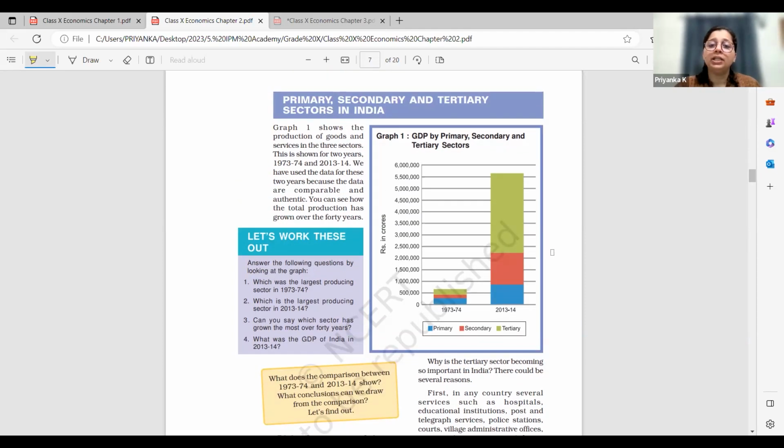Now, that does not mean that we have a large number of people employed in the tertiary sector. It only means that the value or the income generated by this sector has increased its addition to the GDP.